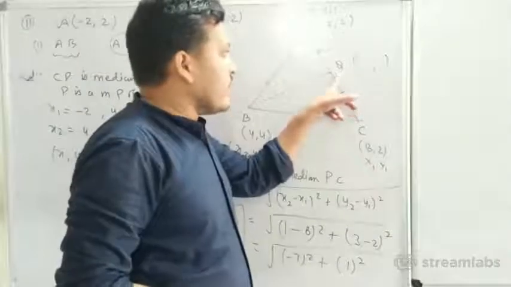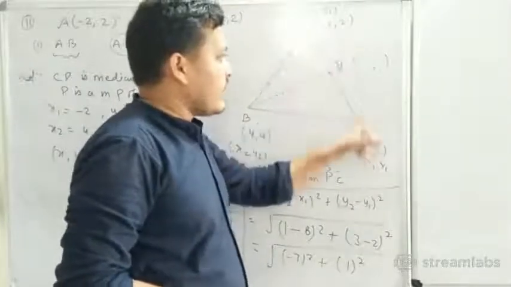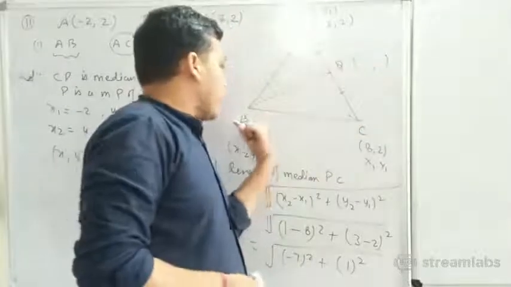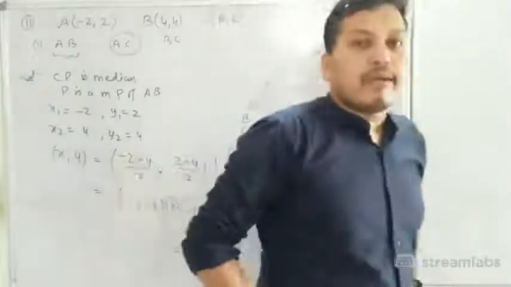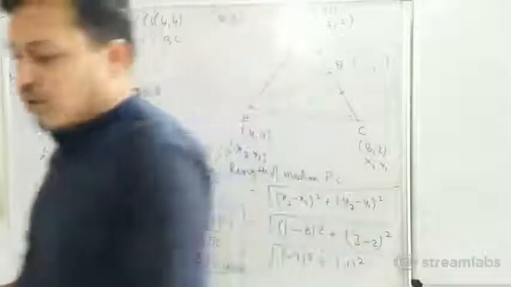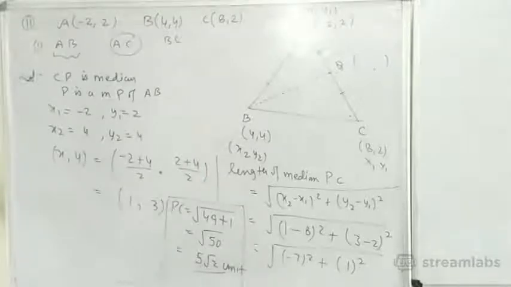So Q is the midpoint. By using the coordinates of A and C, we can calculate this point. So this is 4 and here is the point. By using these 2 points, we can calculate the value of the length. The rest of the parts are also the same, so I request you to please try to solve these 2 parts at your home.